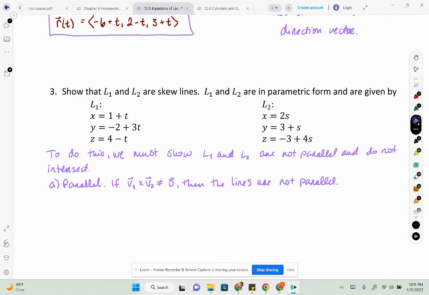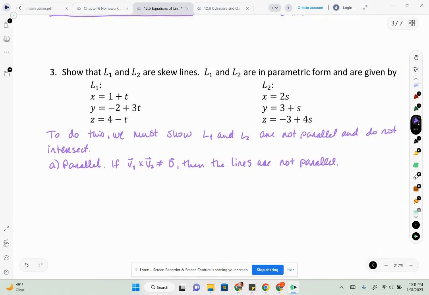What the heck are V1 and V2? Well, let's see. For L1, L1 has an R naught and it has a V. Right now everything's given to me in parametric form, but if I was to write this out, R of t is equal to a vector with components 1 plus t, negative 2 plus 3t, and 4 minus t.